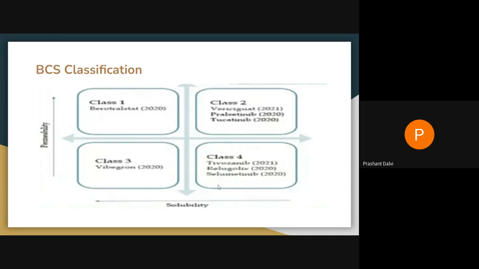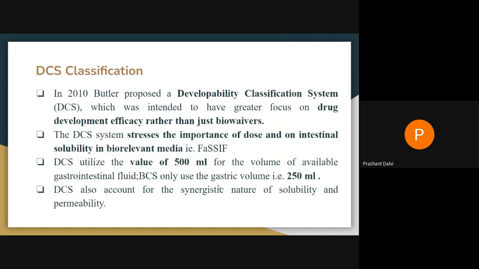You can see here the majority of the drugs are in class 2 and class 4, and hardly one or two drugs in class 1 and class 3. Yes or no? So there is a lot of scope for researchers to formulate different dosage forms to deliver these drugs to their targeted site.